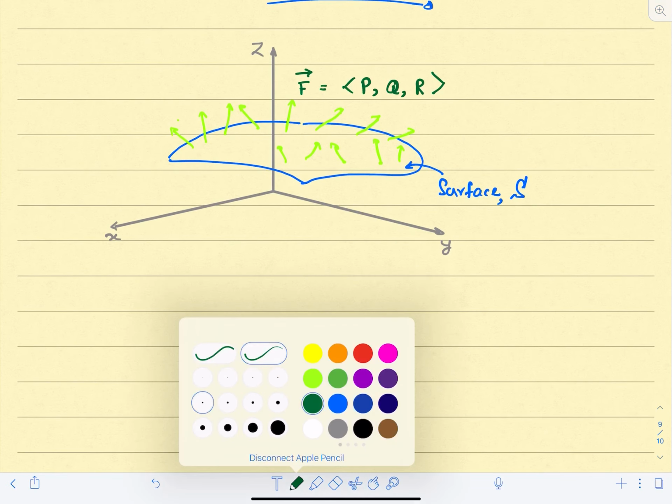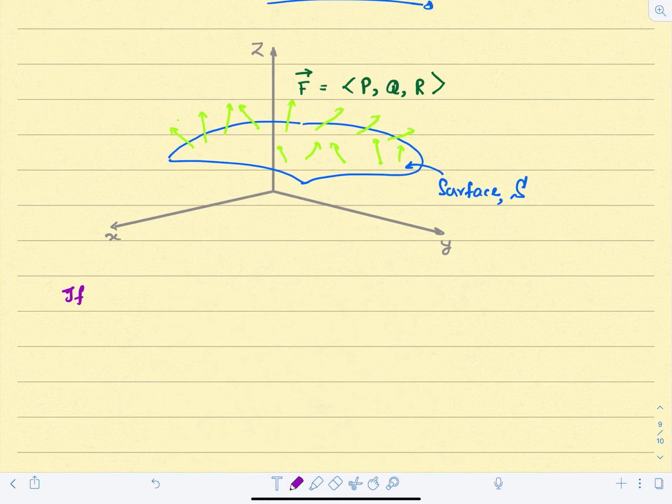So let's define this. We have a vector field F with the components P, Q, R. Three components.